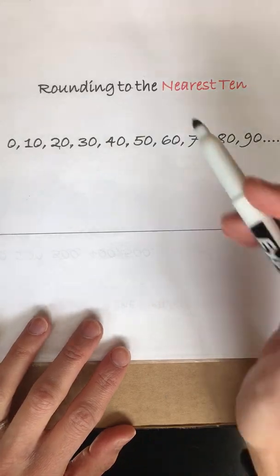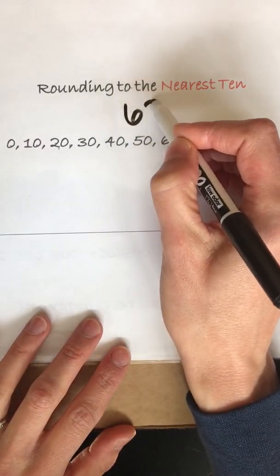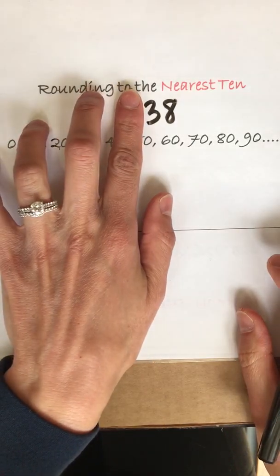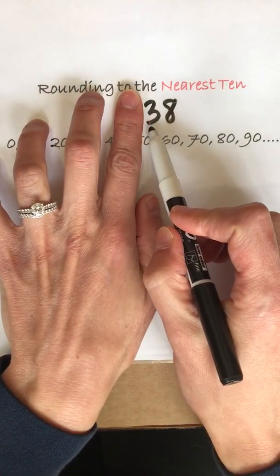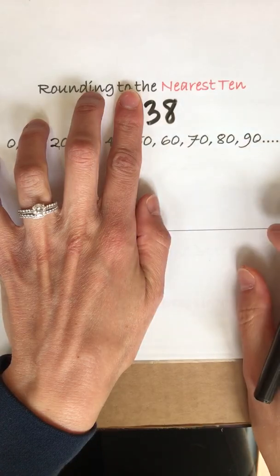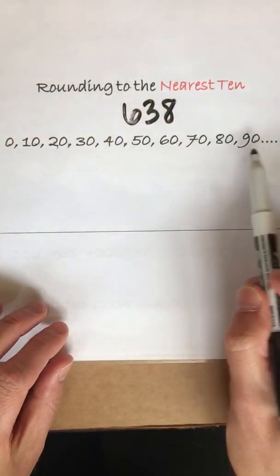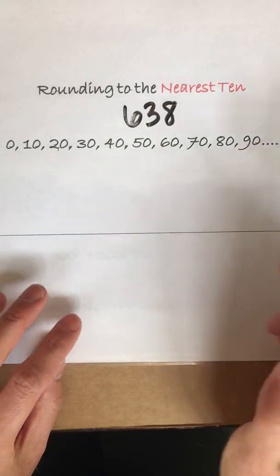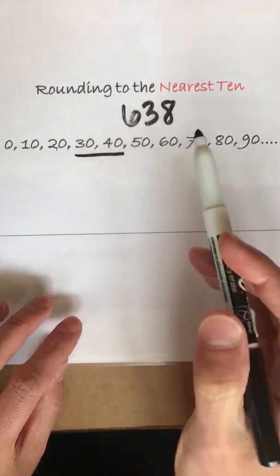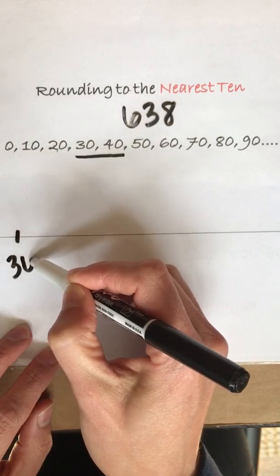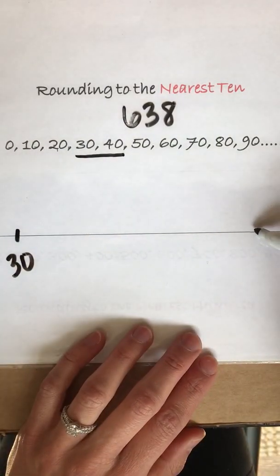So if we're looking at the number 638 and we want to round it to the nearest 10, we're really only worried about the digit in the tens and the digit in the ones. So we're looking at 38. So 38 is between what two groups of 10? That's right, 38 is between 30 and 40. So on my number line, I'm going to write 30 and I'm going to write 40.